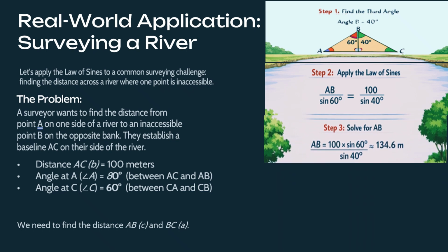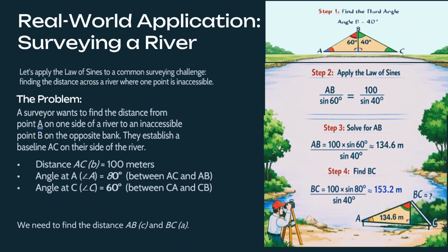We get 100 times the sine of 60 degrees divided by the sine of 40 degrees, which is approximately 134.6 meters. Step 4. Solve for BC. We multiply 100 by the sine of 80 degrees and divide by sine of 40 degrees, which is approximately 153.2 meters. Hence, the surveyor successfully calculates the distance across the river without ever crossing it.